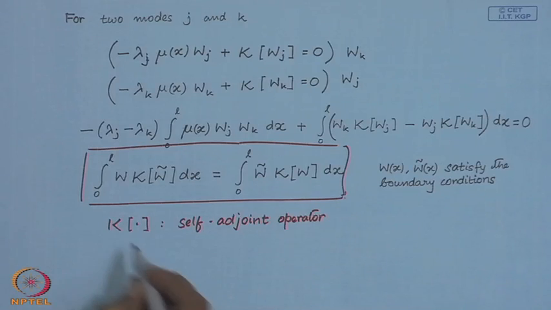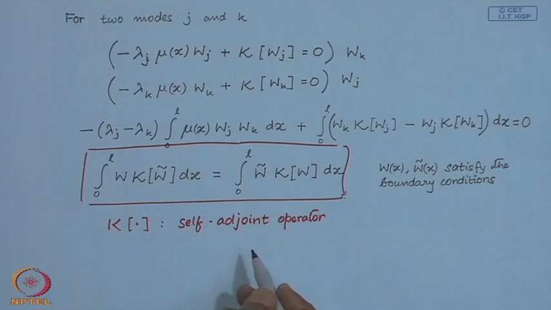As we know, when matrices are symmetric, the eigenvalues are real and the eigenvectors are real and orthogonal.